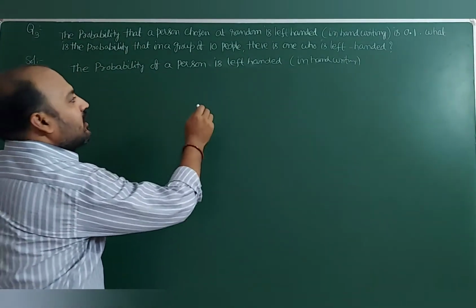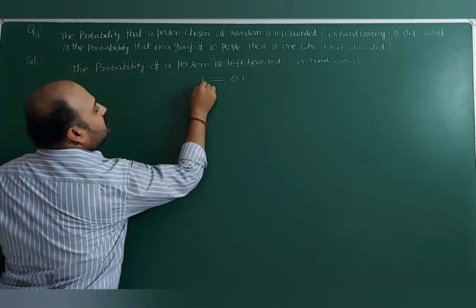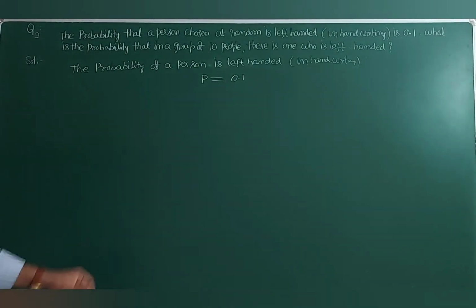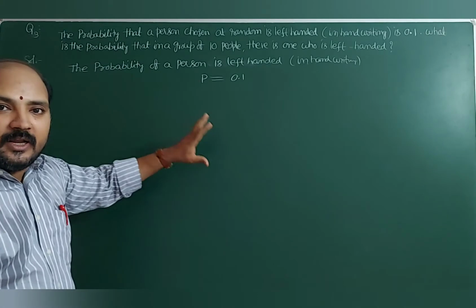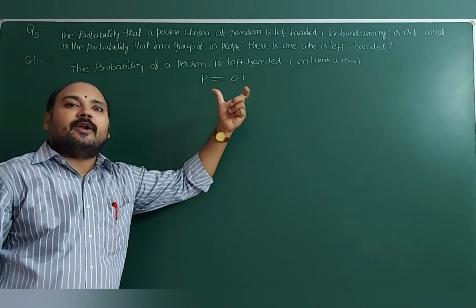How much is it given? The probability is given as 0.1. So we are assuming that P here is the probability that the person is left-handed in writing.